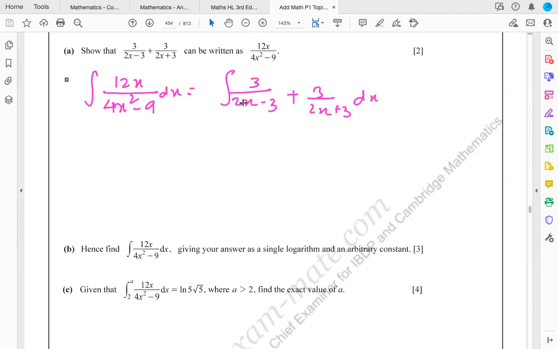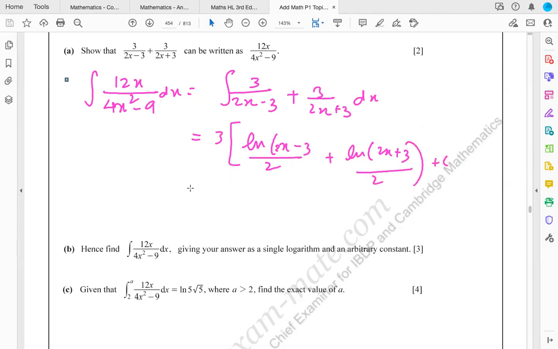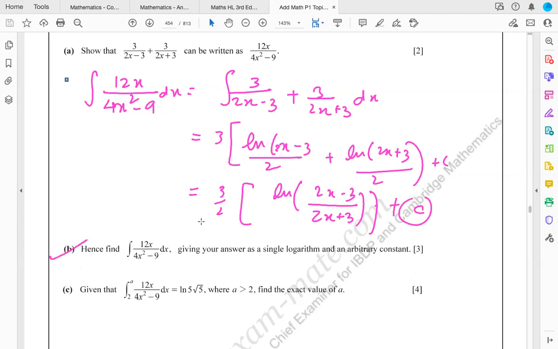When you integrate it, it becomes 3 outside, ln of 2x minus 3 over 2, plus ln of 2x plus 3 over 2, plus c. So this becomes 3 over 2, taking it common, ln 2x minus 3 over 2x plus 3. This is your integral, and the arbitrary constant is plus c. That's the answer for this part.